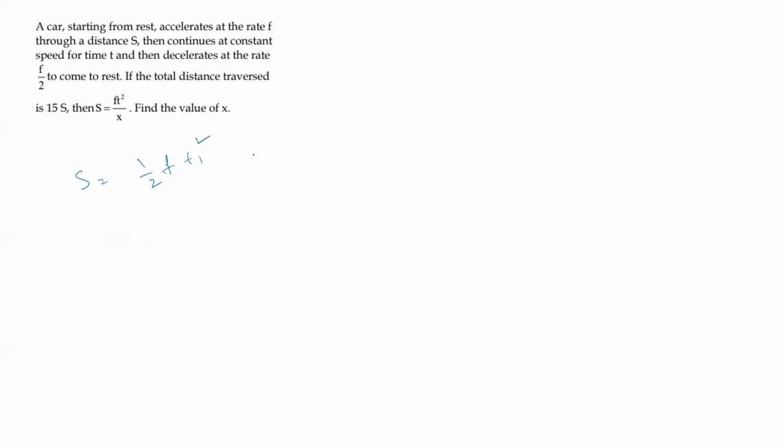Then it continues at constant speed. Constant speed means no acceleration. No acceleration means velocity is equal to f into t1. Constant rate they mentioned, so we need to multiply. Clear.